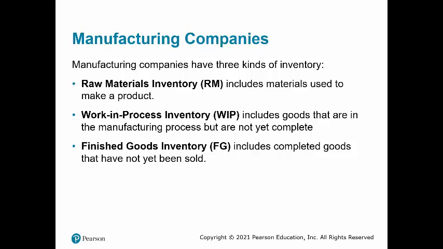Those goods are in the manufacturing process but not yet complete. Once those goods are completed, they're transferred to the finished goods inventory where they will remain until they have actually been sold.